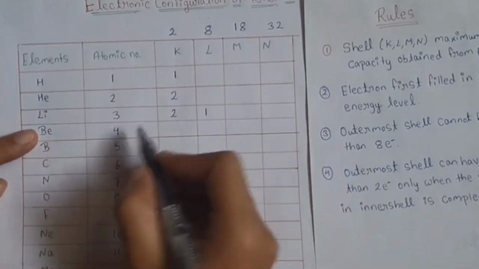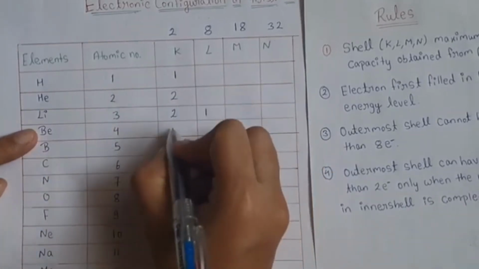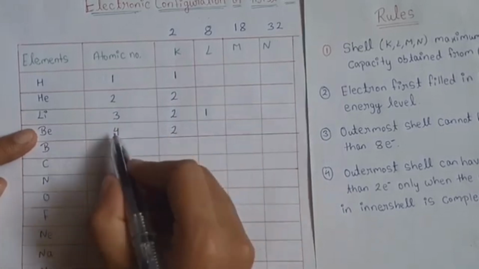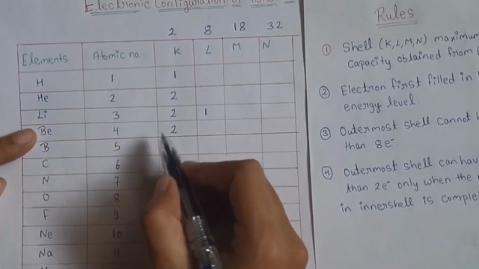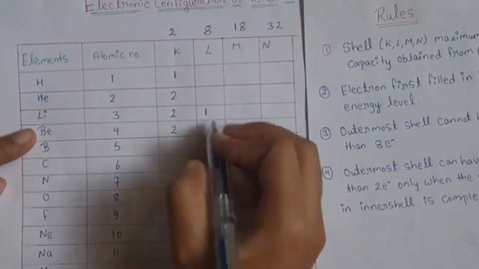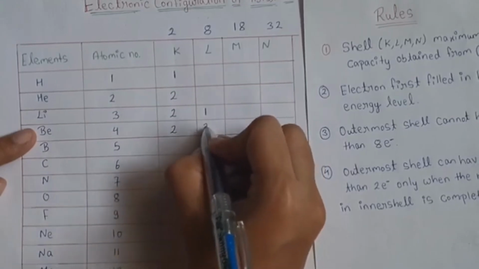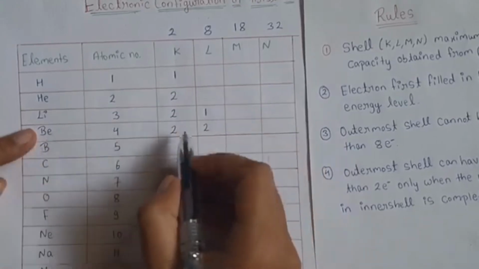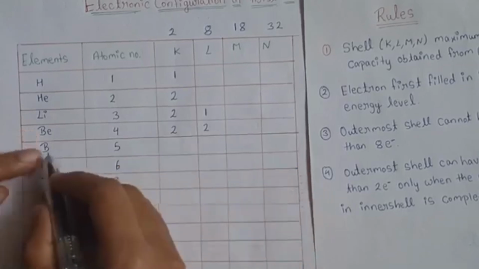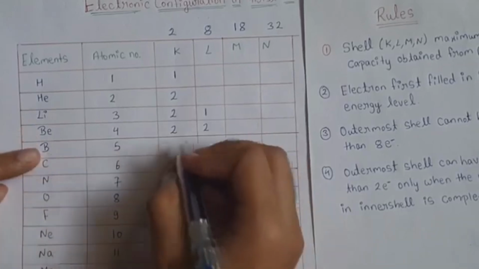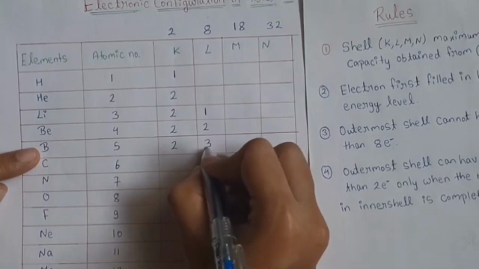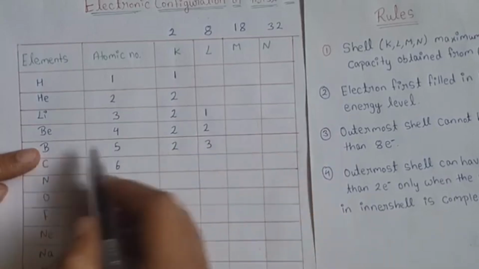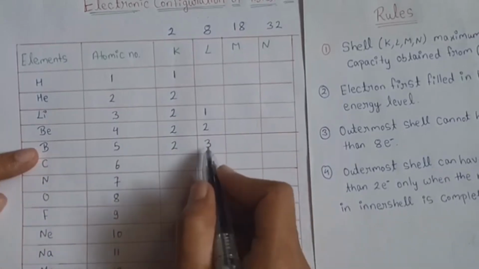Next is beryllium. You have 4, and in K you can have a maximum of 2 electrons, and 2 more are remaining. Those 2 will be taken in the next shell, that is the L shell. So beryllium's electron configuration is 2 and 2. Boron has atomic number 5, so 2 can be filled in K and the remaining 3 in L. Boron is 2 and 3.